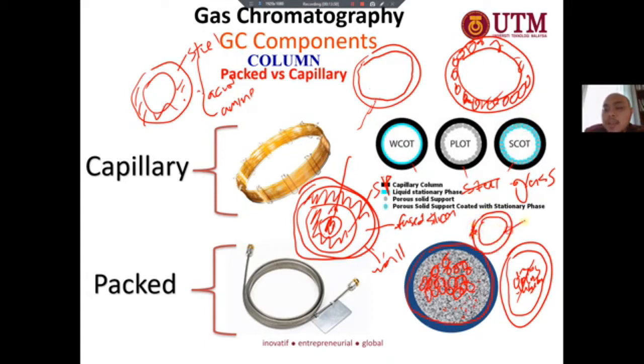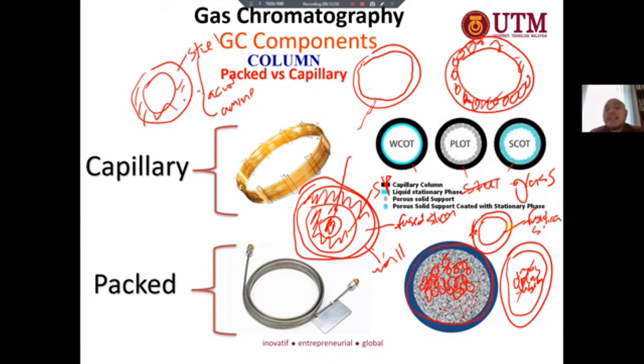The silica is not only silica, it's fused silica. If the glass is only silica, the term fused silica means that they combine some of the inert earth elements. They fuse them with silica to strengthen the column. So they make the column much stronger, much more robust.